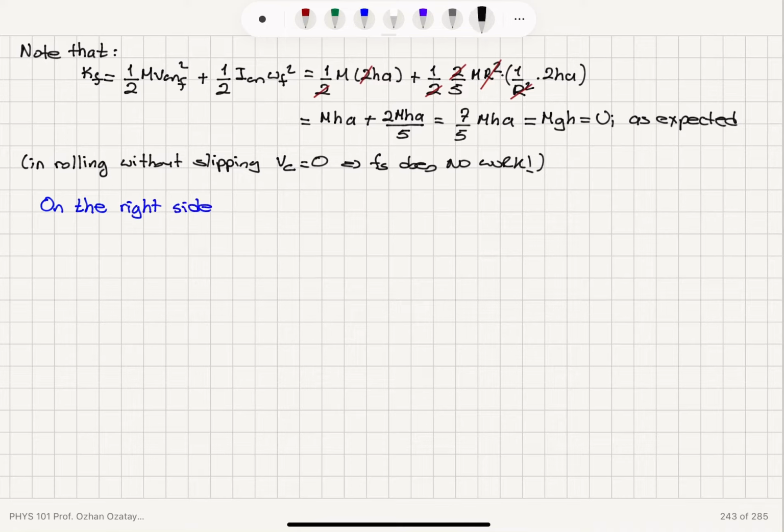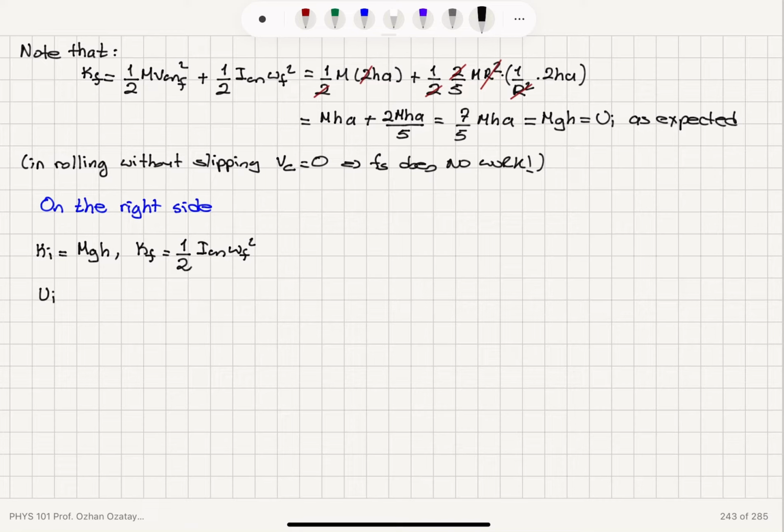We have initial kinetic energy, found at the bottom of the bowl, equal to mgh. We have a final kinetic energy that's just the rotation, because it's not going to be rising anymore: 1/2 I center of mass omega final squared.